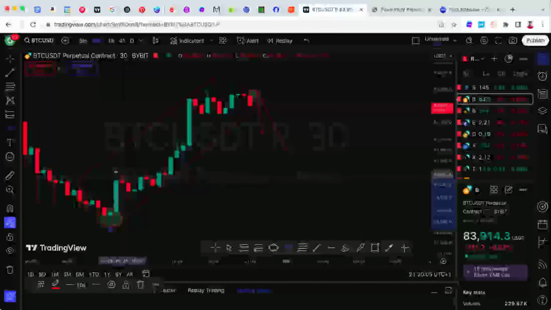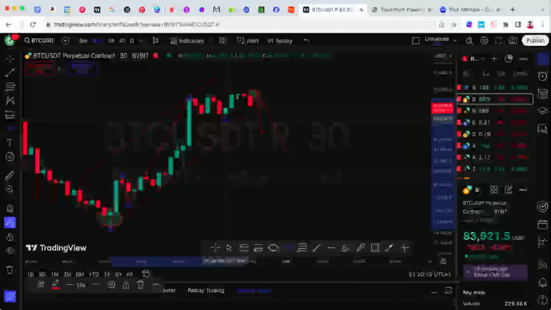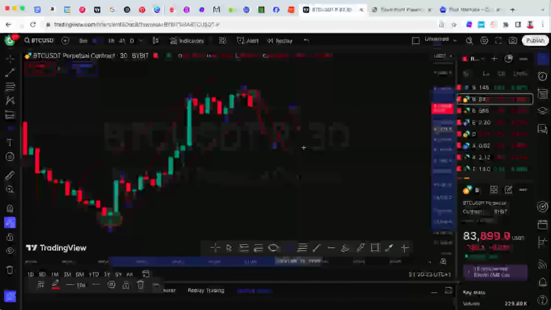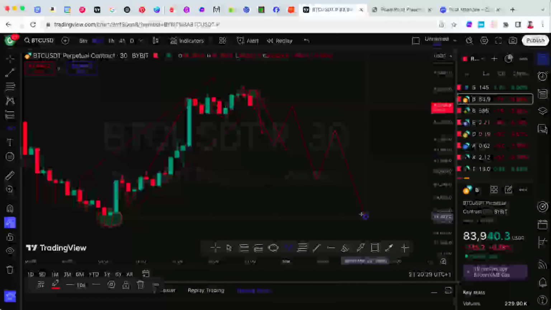Move from here, then pull back here, then move again up here, then came back a little bit here, and then move upward here again. So now if it should break here, we'll say, okay, now it broke the trend, the uptrend, and now it's going downward. It will do something like this, probably do here like this again, create this, and come back here again. So on and so forth.